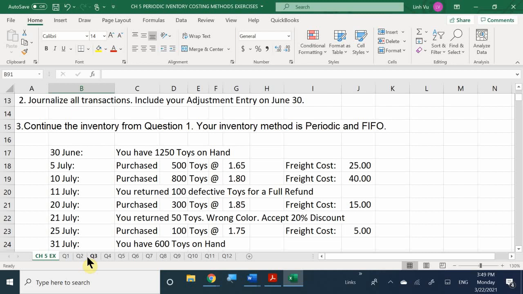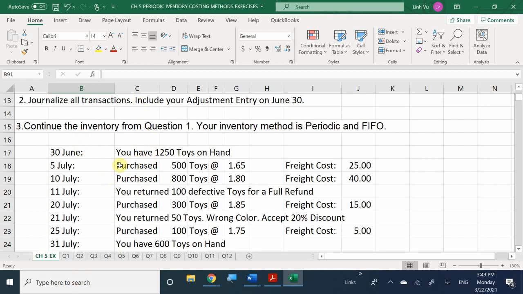So I don't need you guys to do this part, but I do need you to make sure that we journalize the very ending portion, which is the conversion entry. That's the most important one. But for now, I don't need you to practice purchases. I don't need you to practice returns and allowances, because essentially it's going to be rinse and repeat. It's going to be the same stuff as the previous one, except just different numbers.